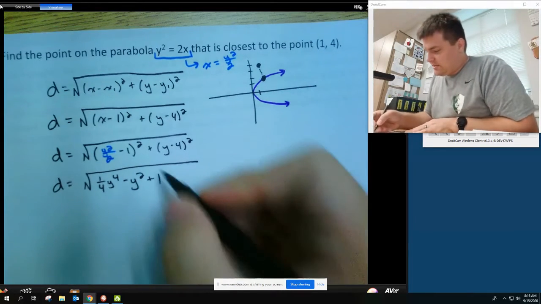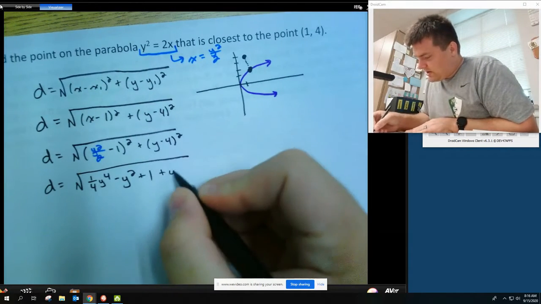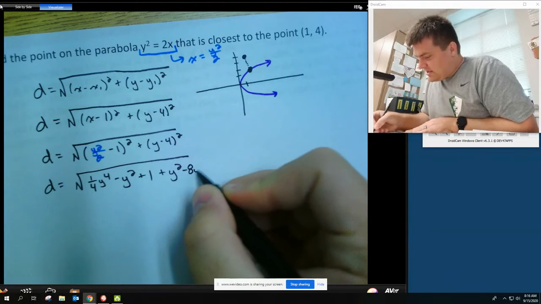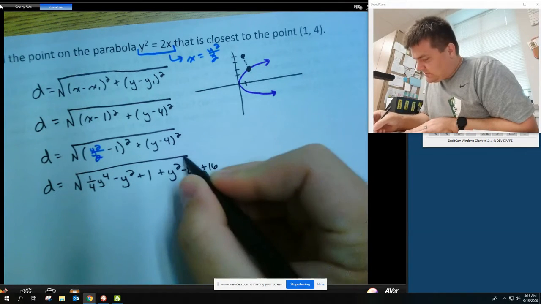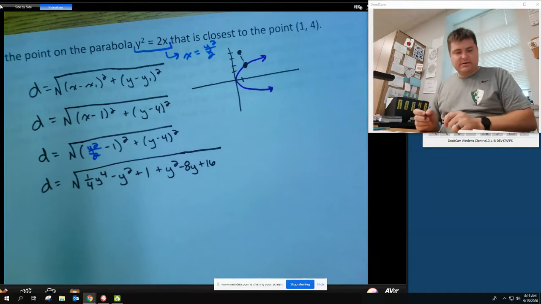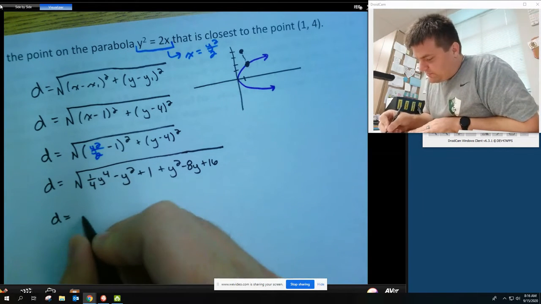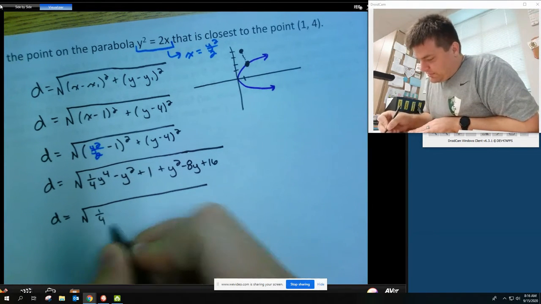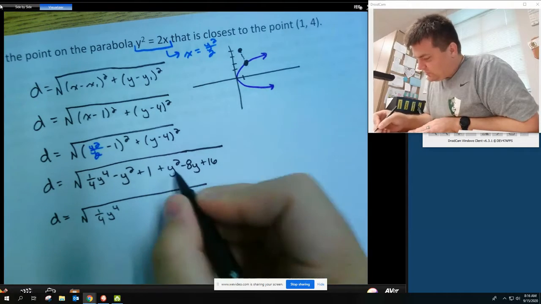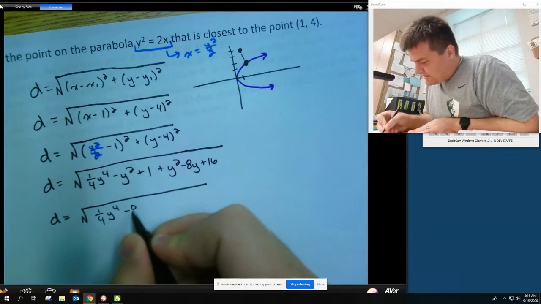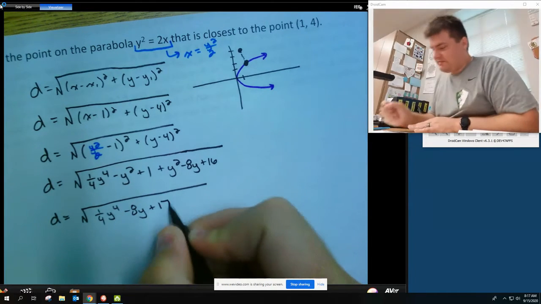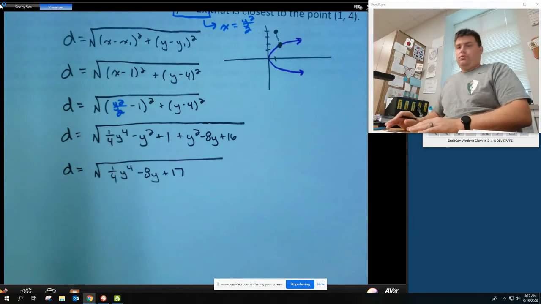And then this is going to be plus y squared minus 8y plus 16. So now cleaning this up just a little bit more, and then I'll be ready for the derivative. 1/4 y to the 4th. My y squareds actually cancel out. Minus 8y plus 17.